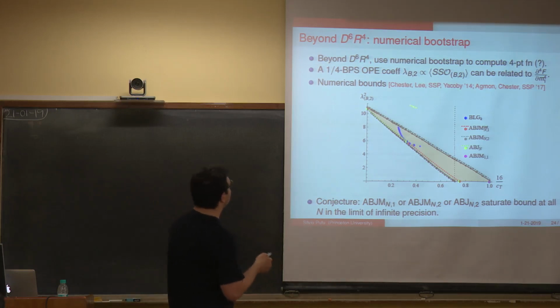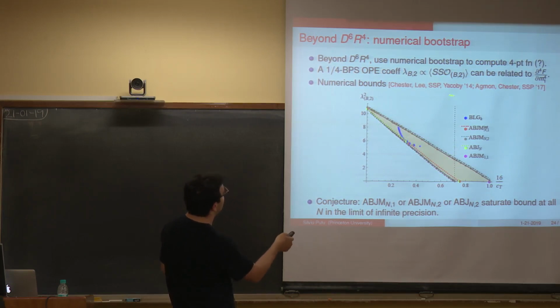Given this fact, we can compute this OPE coefficient in various known theories, and we can plot it as a function of 1 over 16 over CT in this case, and it looks like these dashed lines.